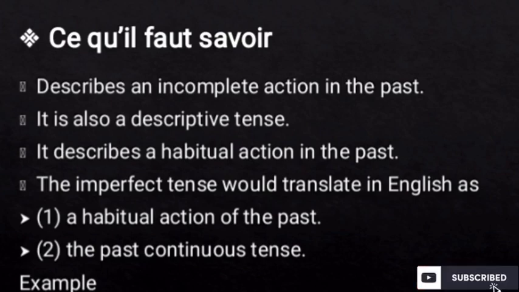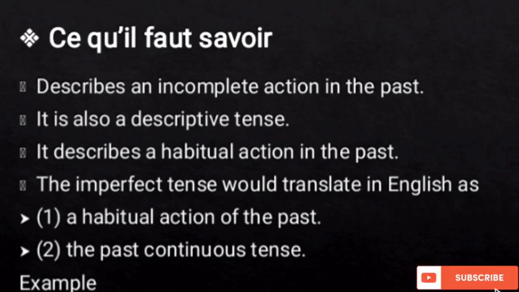We are going to see examples very soon. And you can translate it in these two ways in English. Either you say it is used for habitual actions in the past, or for actions that are continuous, that is, actions that did not have a definite end in the past. We call them the past continuous tense.